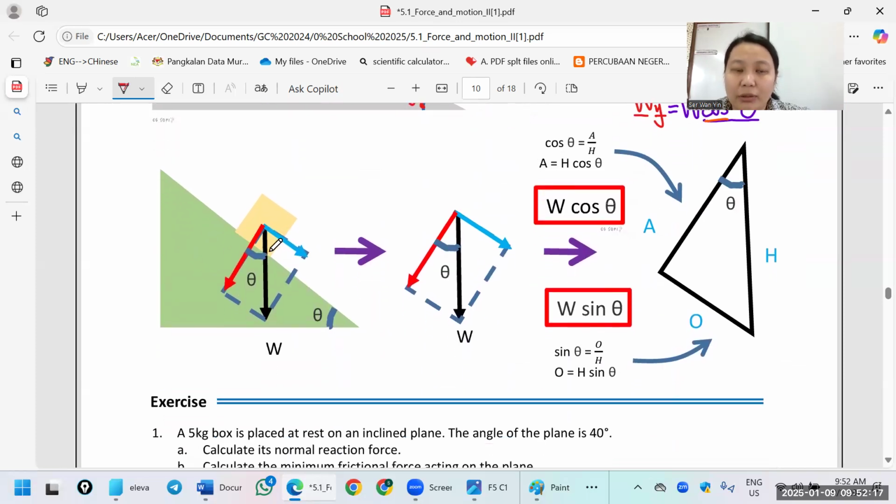So actually, for an inclined plane only, the angle theta will always stick to Wy, which is me. Angle always stick with me. So let me make a story. Angle always stick with me.